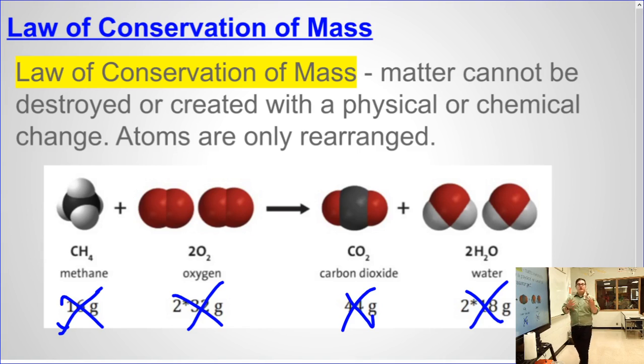Your job is to balance the reaction, to figure out how many molecules and atoms of what you need on both sides. We'll get to the point where we'll predict reactions, but that's one step at a time. The law of conservation of mass says mass in equals mass out.